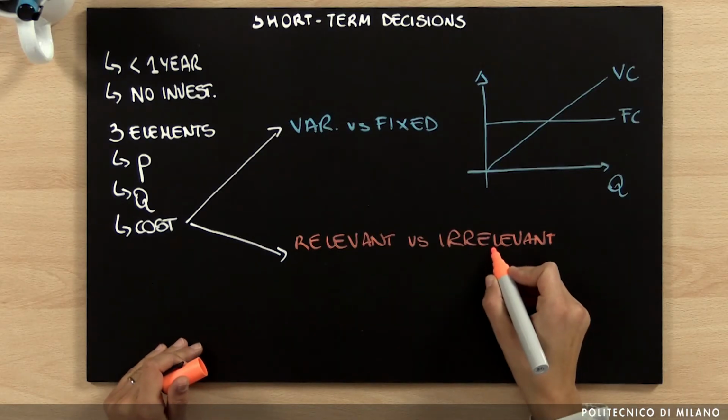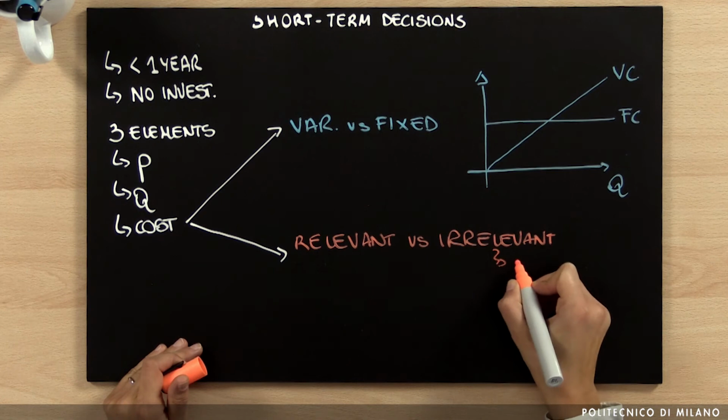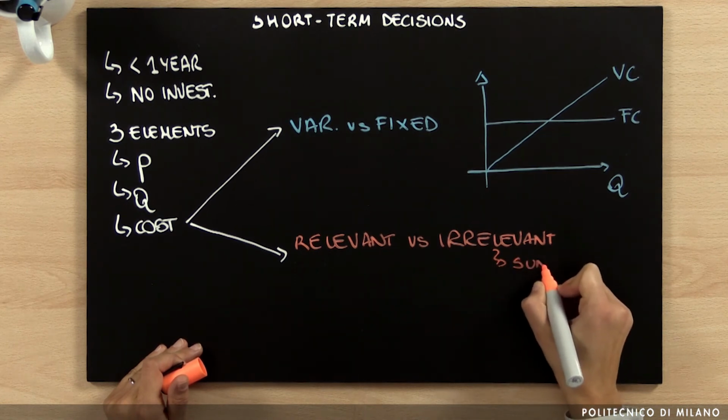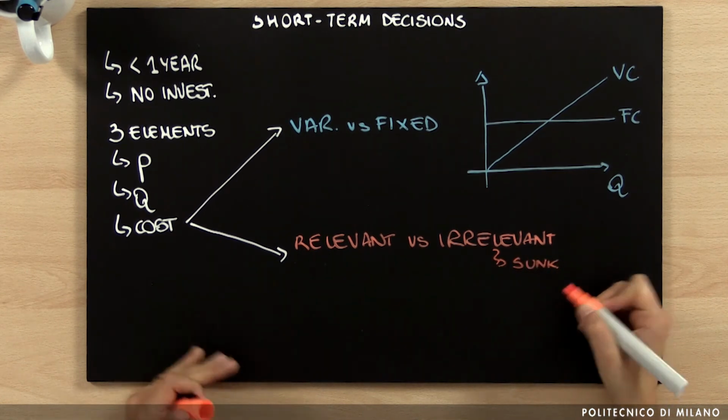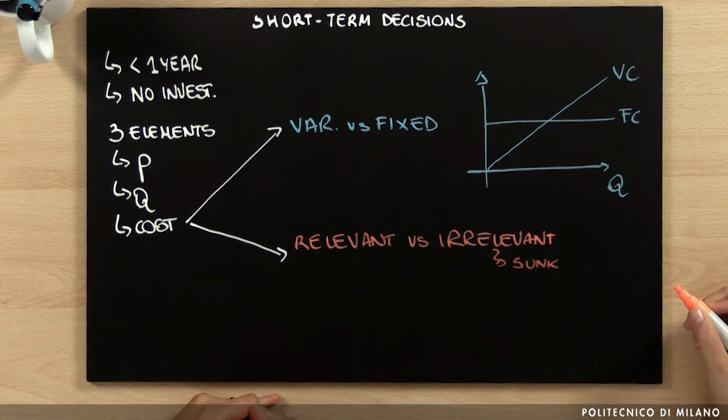When the cost is influenced by the decision, we are talking about a relevant cost. This means that if we implement the decision, we will have this kind of cost, otherwise not. The opposite is the irrelevant cost: whether we implement the decision or not, we will have this cost. This kind of irrelevant cost is also defined as a sunk cost, which means that it does not influence the decision itself.